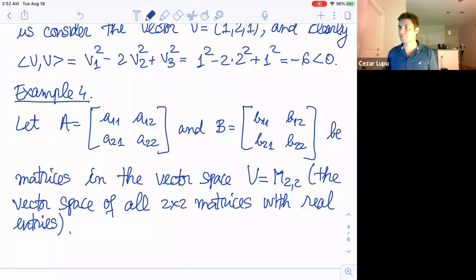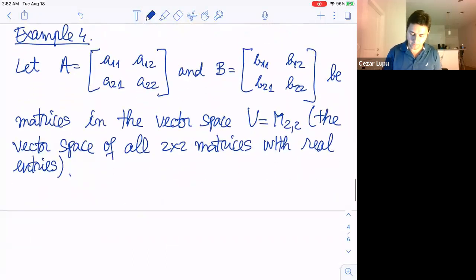The function, let me define it in the following way.